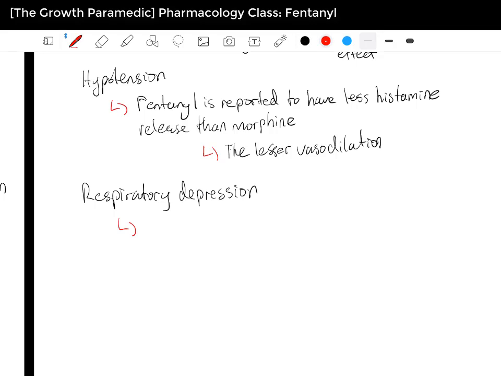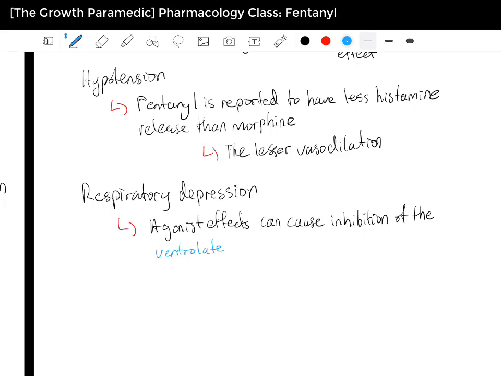And the reason for this is that, as I've covered in the morphine class, the opioid receptors are located in the central nervous system, and the agonist effects that fentanyl has can cause inhibition of the ventrolateral medulla in the central nervous system.